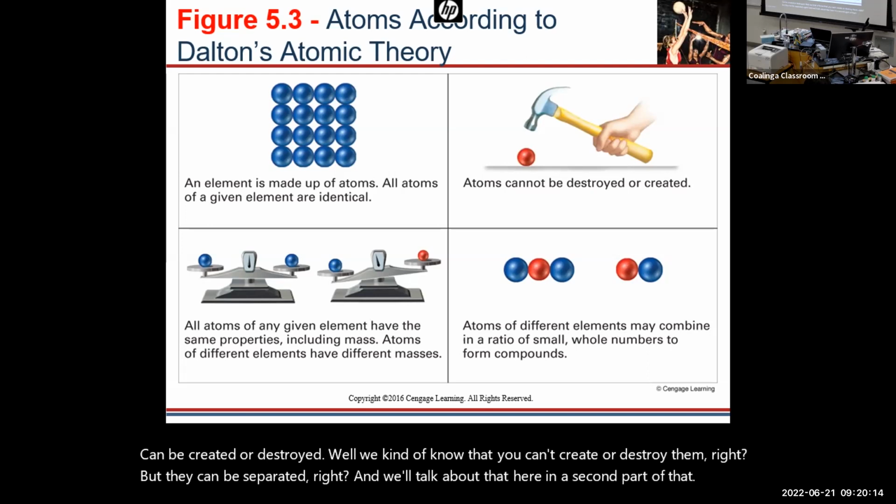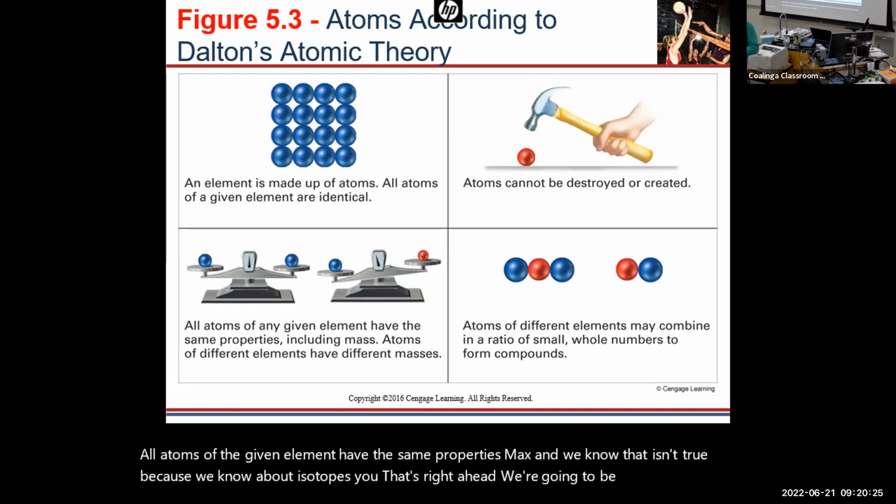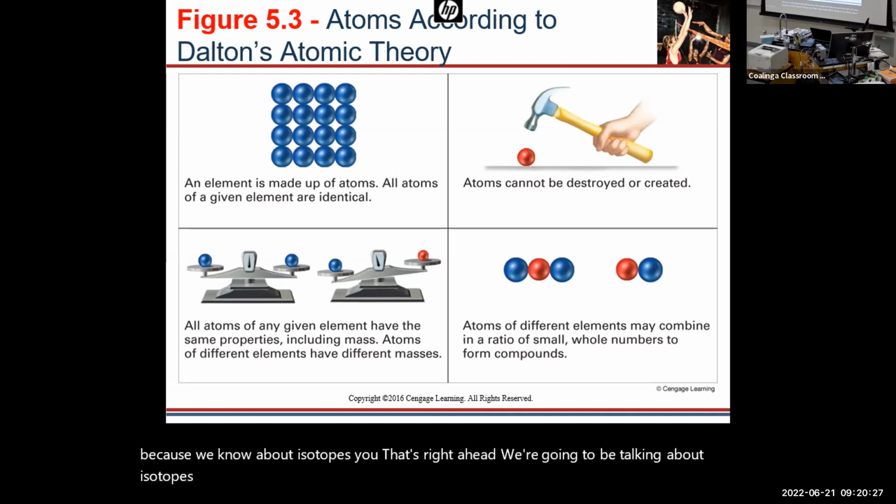All atoms of a given element have the same properties and mass. And we know that isn't true because we know about isotopes. You guys have read ahead, and we're going to be talking about isotopes. So atoms of different elements have different masses, and we know they're going to have different properties, right? But they could end up having the same mass.